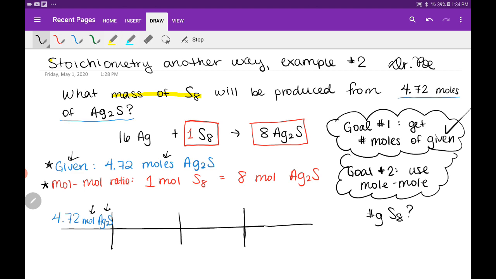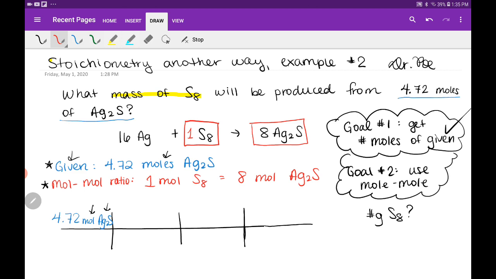Use the mole ratio. So in this example, we totally do not need the molecular weight of the given. Why would we need the molecular weight of the given? We would need that in order to get number of moles. If we have number of moles, skip it, don't need it. We already have moles.